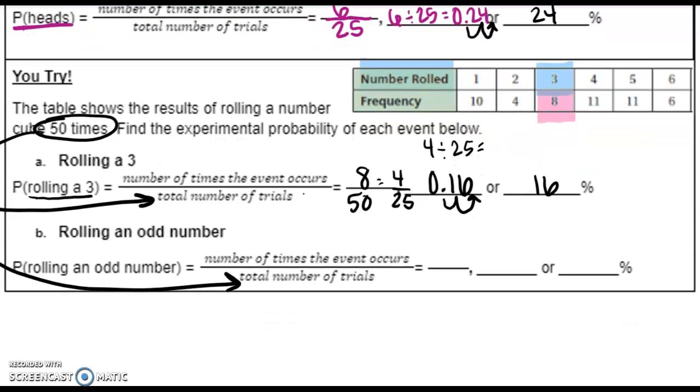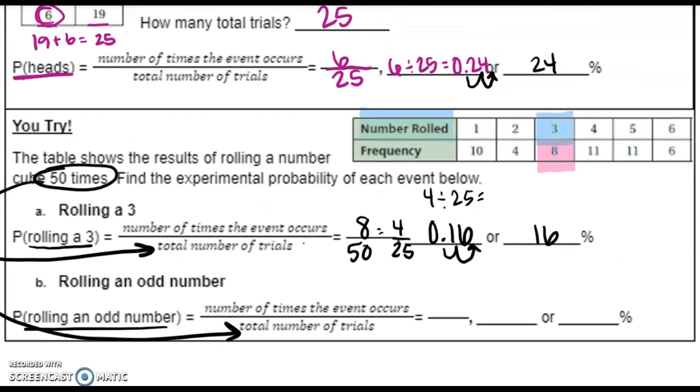So now we know the probability of rolling an odd number. Okay, so we want it to be an odd number. I'm going to erase this really quick. So we have 1 is an odd number, 3 and 5. And so that means that happened 10, 8, and 11 times.